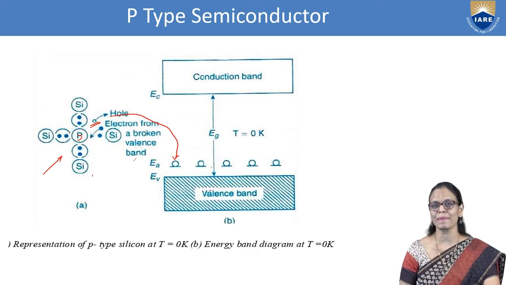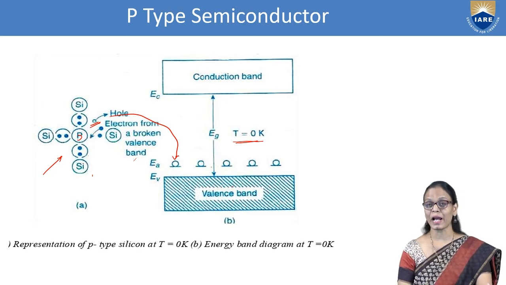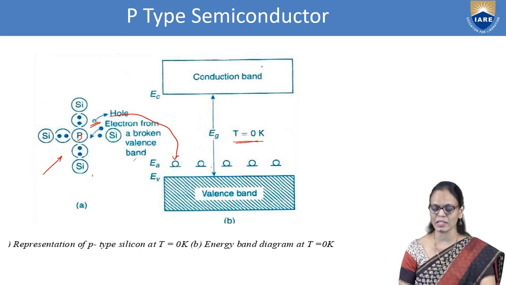So you have a valence band and a conduction band, and at T equal to 0 Kelvin we are talking, because as the temperature varies, these acceptors may get filled by the electrons from the valence band. That we are going to see later. But at T equal to 0 Kelvin, this is the scenario. The valence band is full, the conduction band is empty, and there is an acceptor level that lies just above the valence band.